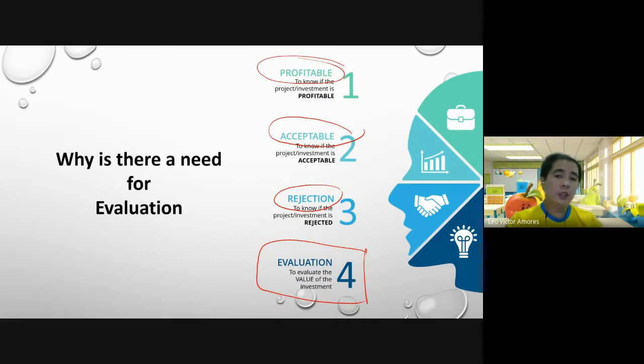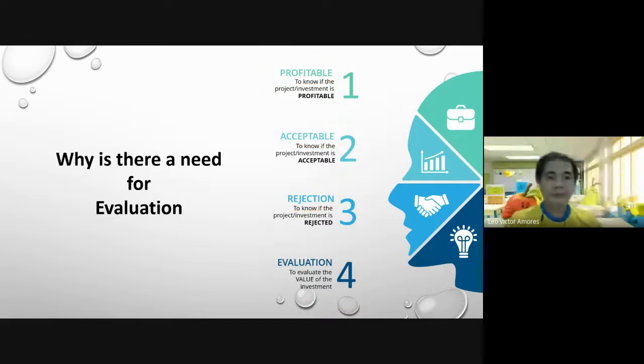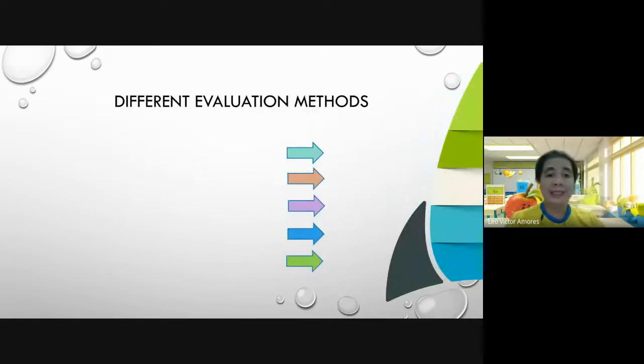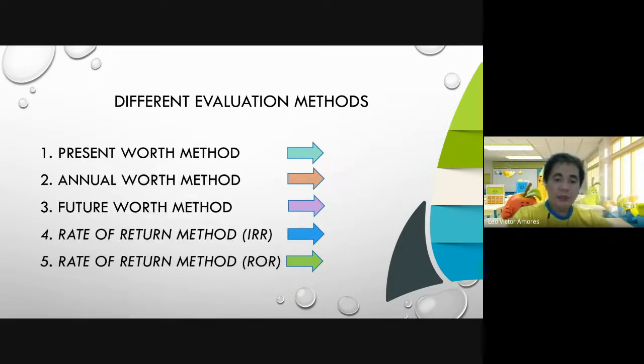In other terms, in your other subjects, you are looking into efficiencies. Right now, in ES Econ, we are looking into the value of different investments. Because at some point, there are investments with high efficiency, but in terms of value, it is small. So these are the first 5 topics for question and answer.